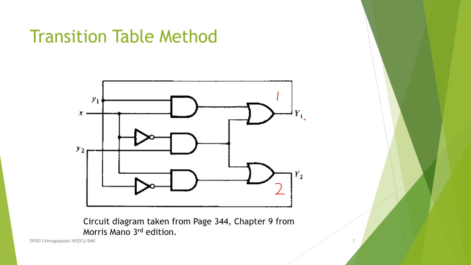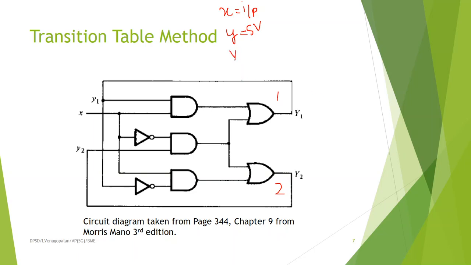And then I have two excitation variables. So let me just repeat. You have your x, which is your input. You have your small y, which is your secondary variable, or your present state, or your feedback, whatever you want to say.